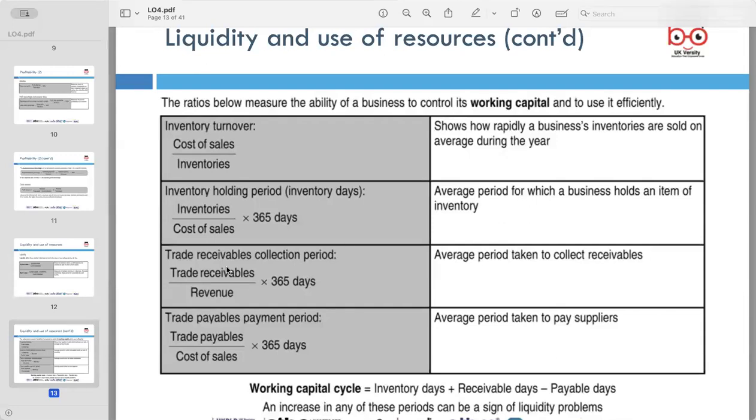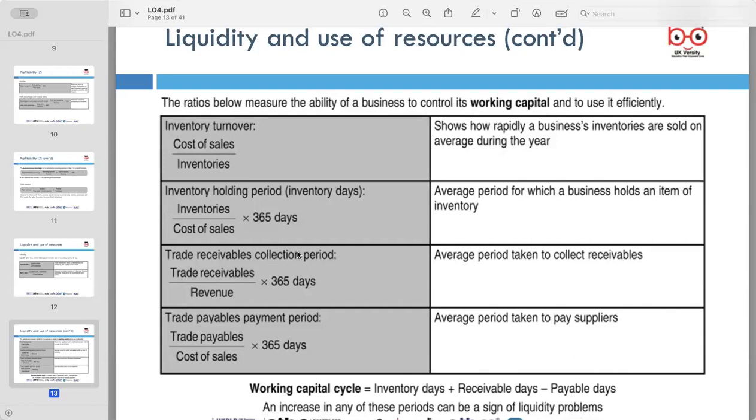The inventory holding period calculates the average duration for which inventory is held, providing insight into inventory management efficiency. The trade receivable collection period assesses how quickly a company collects payment from its customers, while the trade payables payment period measures how long it takes for a company to pay its suppliers.